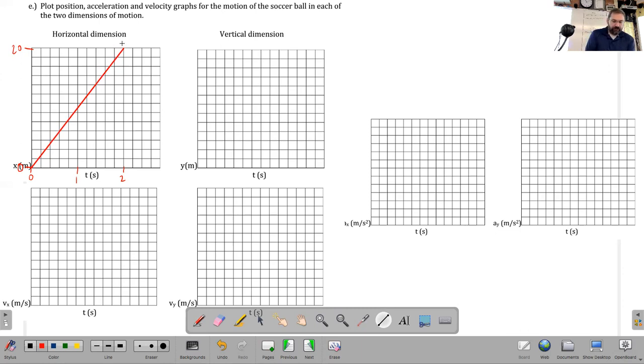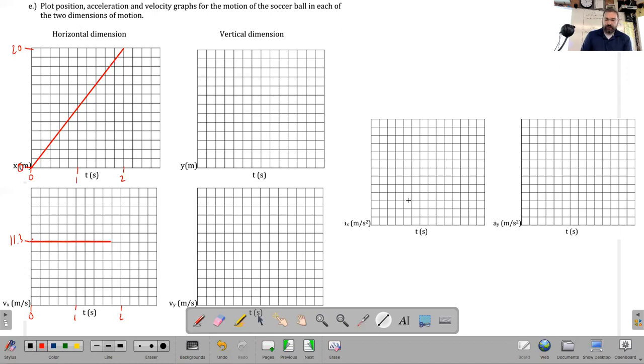The horizontal velocity has a constant value. Let's see, that's 0. We'll make this 1, and then 2 here. The horizontal velocity is constant at 11.3 meters per second, or about 11 meters per second. And the horizontal velocity is constant for all 1.8 seconds.